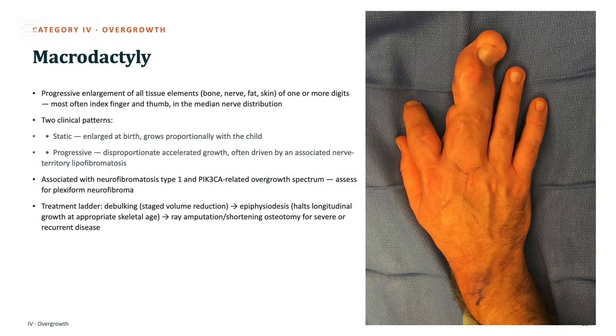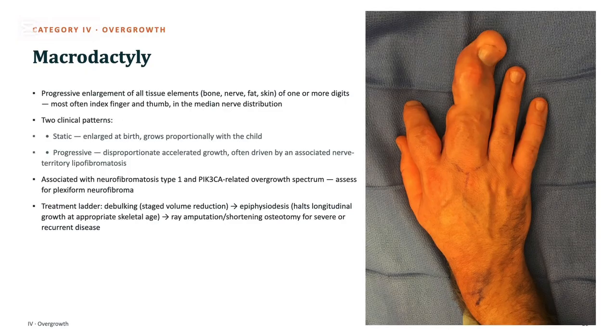Okay, it may be static, like it enlarged during the intrauterine life and later after birth, then stopped, static, or progressive, it continues to grow. It's mainly associated with neurofibromatosis type 1. So in these patients, you should search for cafe au lait patches, neural tumors and any association.